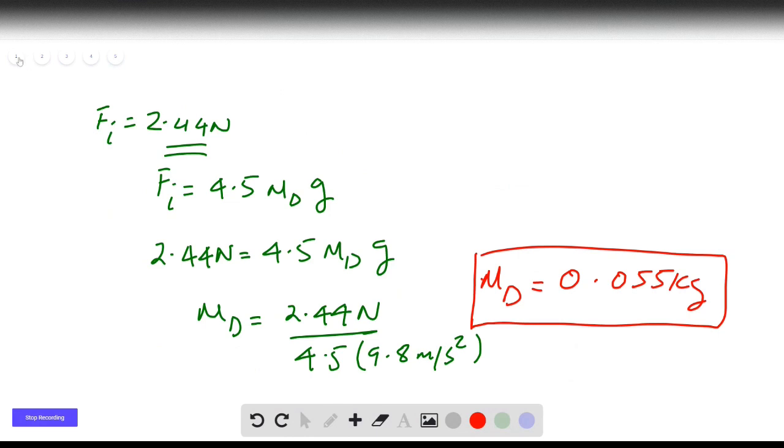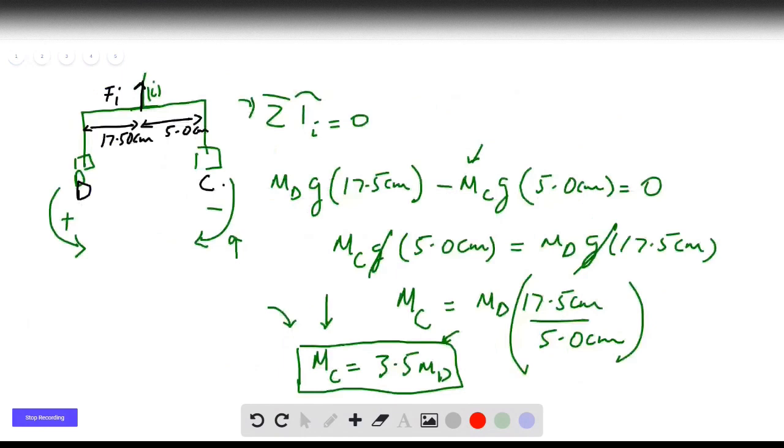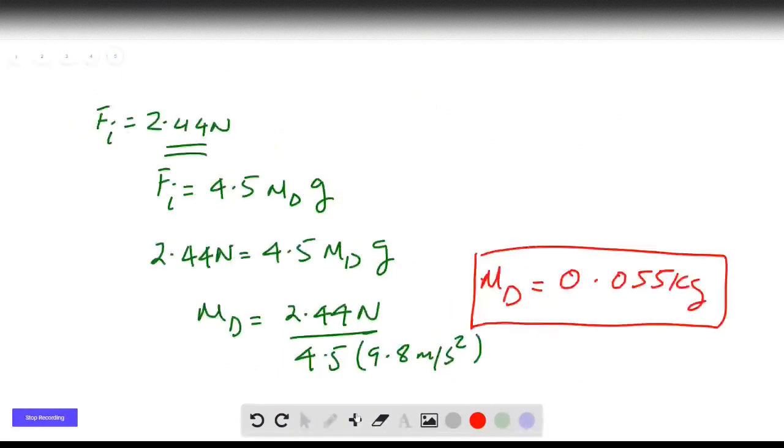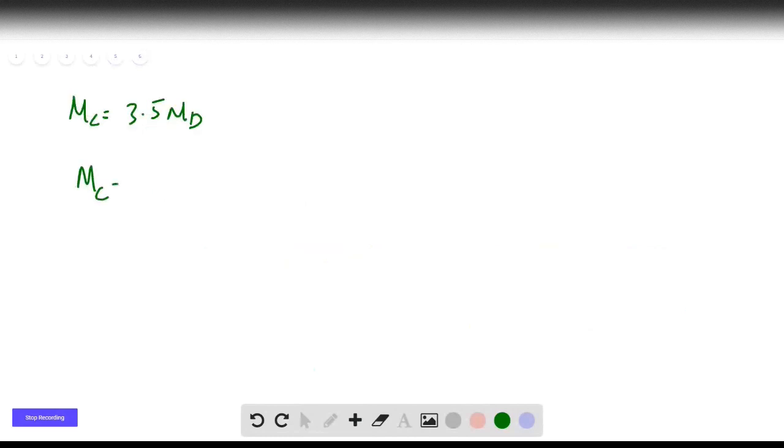And recall, if you go back to slide number 2, MC is defined in terms of MD. So MC is 3.5 MD. So we need to go to a new page, and we'll see that if MC is 3.5 MD, and MD is 0.055 kilograms, then MC will be 3.5 times 0.055 kilograms.